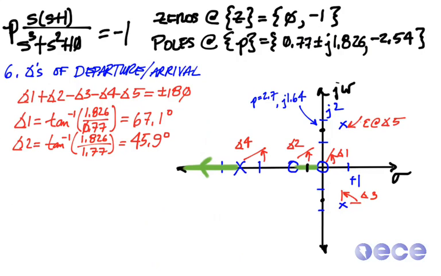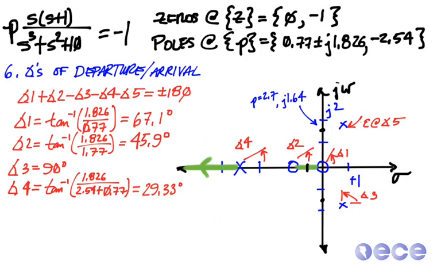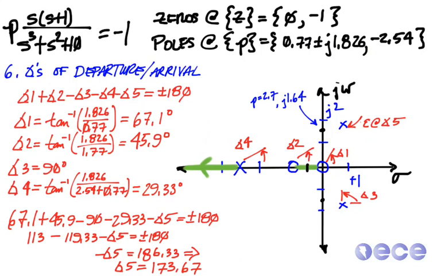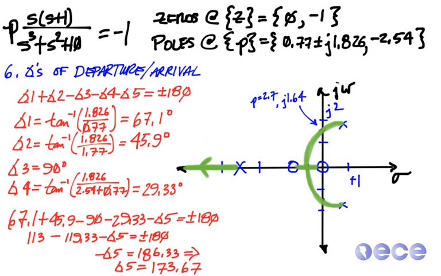Angle 2 turns out to be 45.9 degrees. Angle 3 is 90 degrees. And angle 4 is 29 degrees. So by adding all these up and solving for angle 5, we determine 173.67 degrees. So now we know the angle at which we leave, which is just below 180, and then it cruises down and crosses the j omega axis.